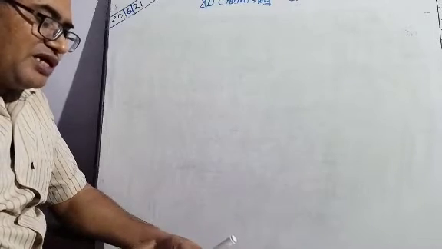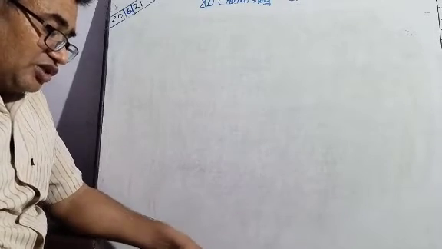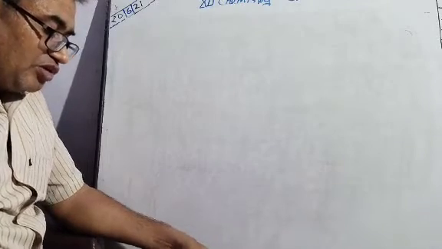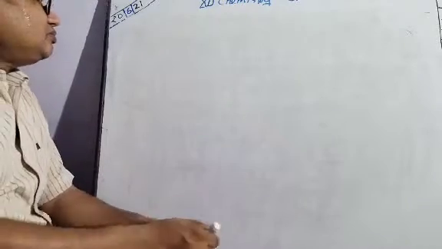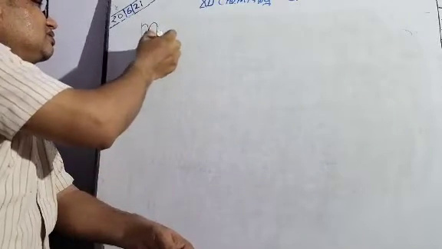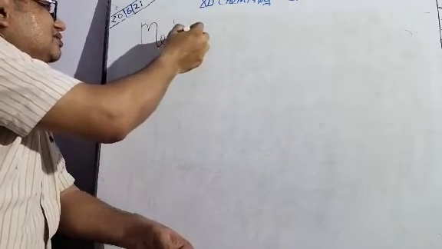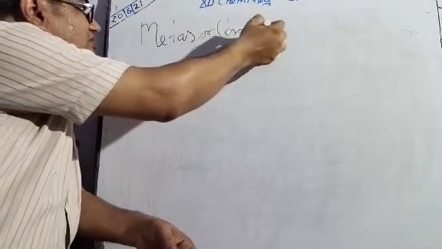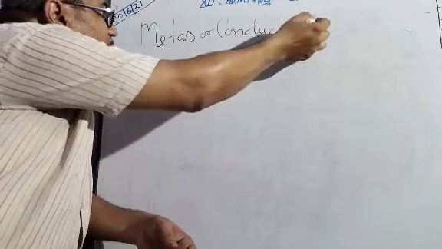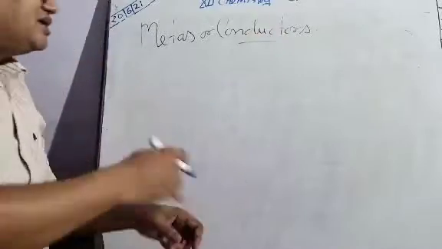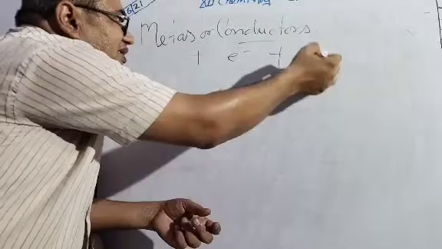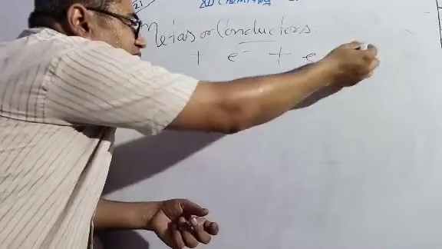Now we have to move on to another topic, known as the nature of bonding in metals. Metals are conductors. Metals have positive charge, electron, positive charge, electron, positive charge.